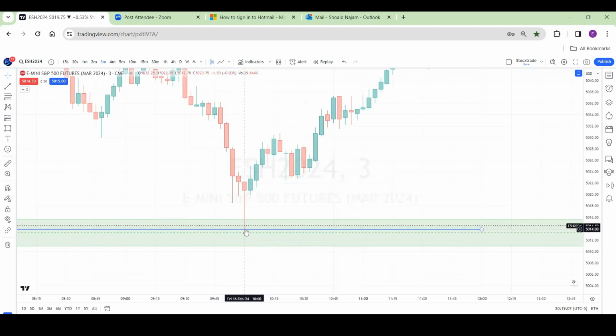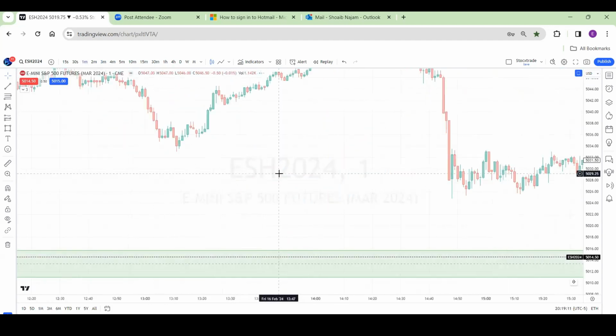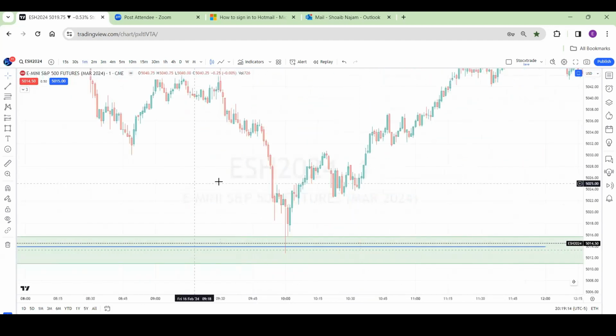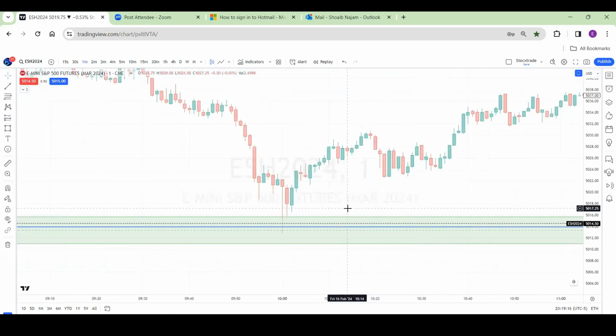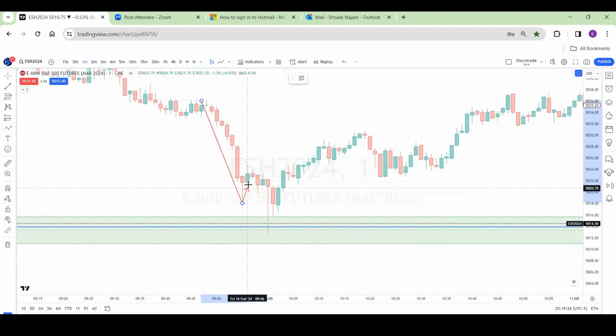Suppose I am not able to take the trade here, what do I need to do? You need to mark the extended breaker block. Where is your extended breaker block? The second last. If you see, this is the low, then high, and then low.